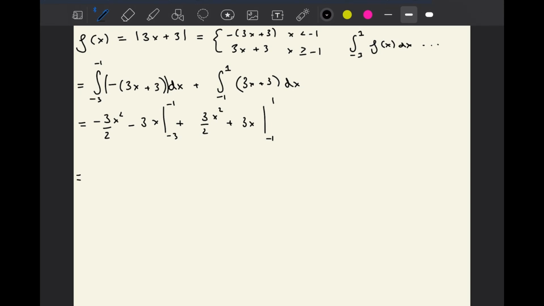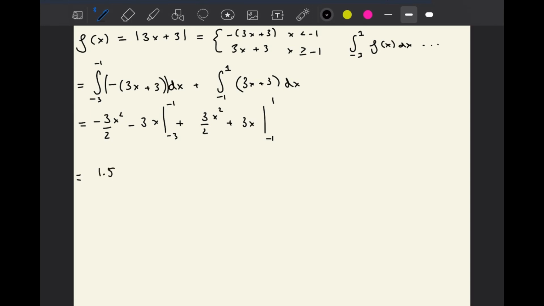So for the first part, we have negative 3 over 2 times negative 1 squared. That's just 1. So we're going to have negative 3 over 2 plus 3, because we're going to have minus 3 plus 3. And that's going to be 1.5.